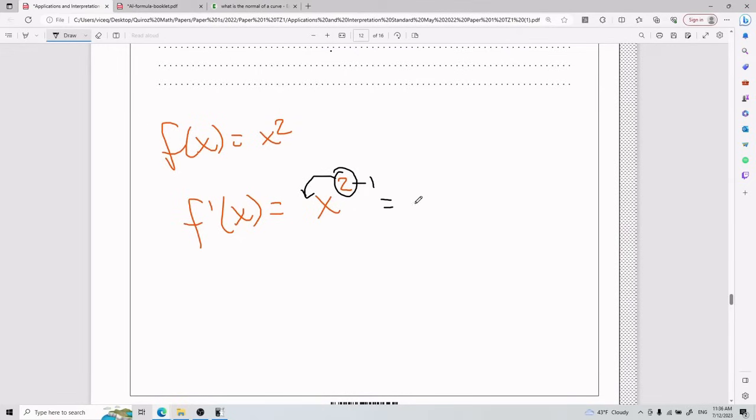So I put the 2 in front, and I do a minus 1. So 2 minus 1 is just 1, which is the same as just 2x. That is the derivative of x squared.